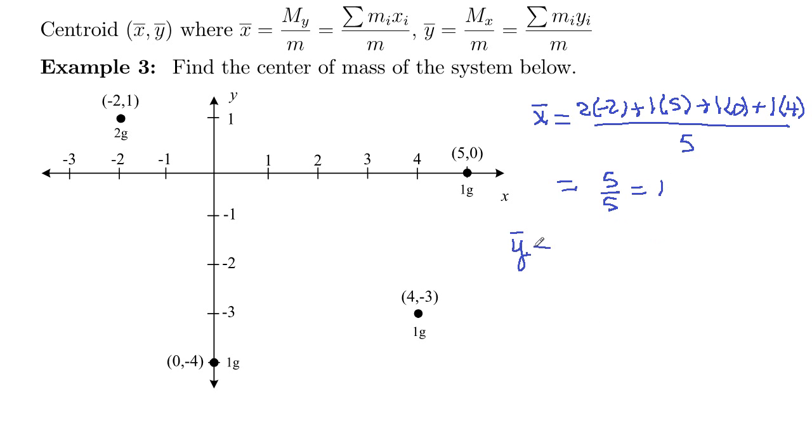For y bar, we sum up the masses times the y-coordinates. So 2 times 1 plus 1 times 0 plus 1 times -3, and then plus 1 gram times -4.